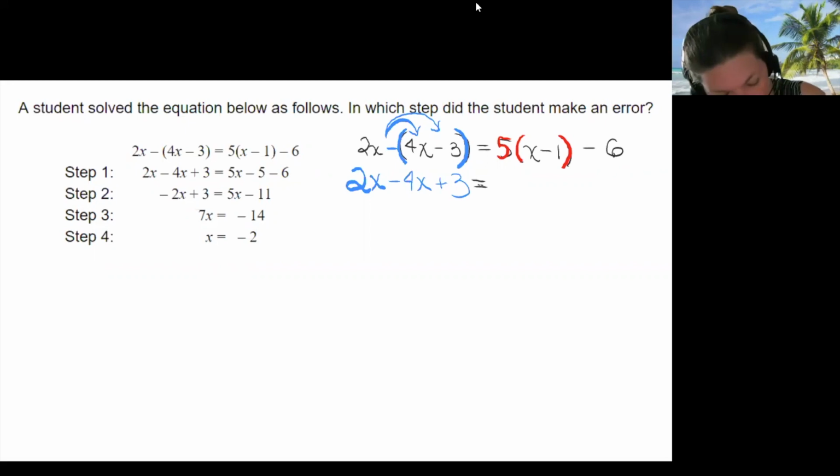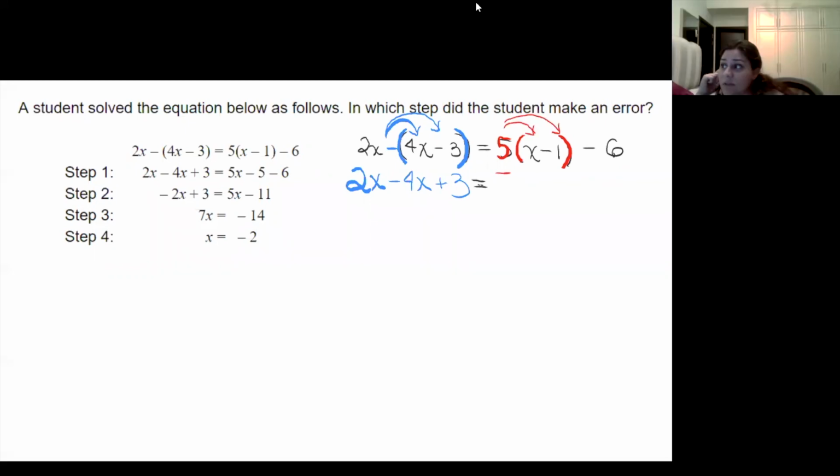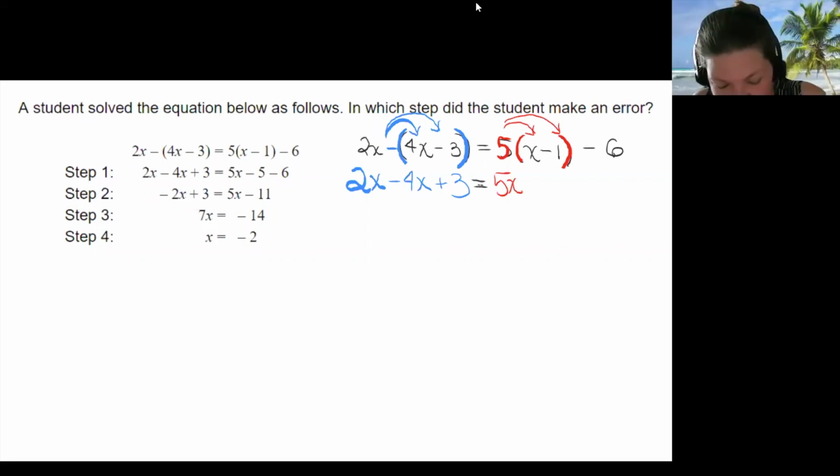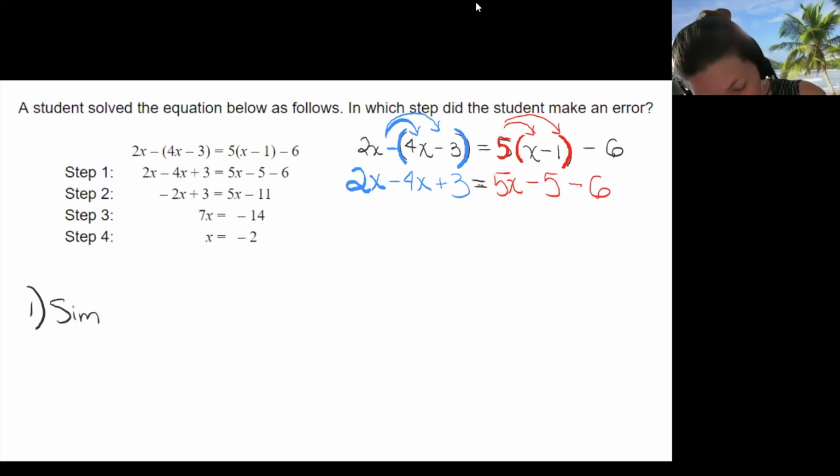Now let's simplify the right-hand side. What will I get? 5x minus 5. Beautiful. And 5 times -1 is, yes, -5. Gorgeous. And then as we just talked about in the last problem, we stop at the parentheses, so the -6 will remain untouched. Compare that now to their step 1 over here.